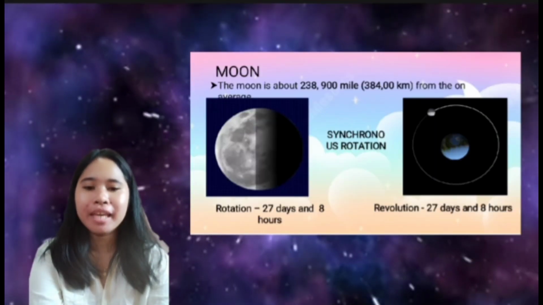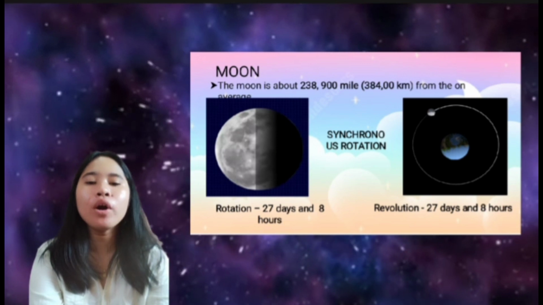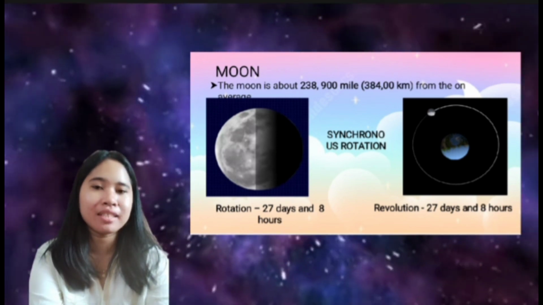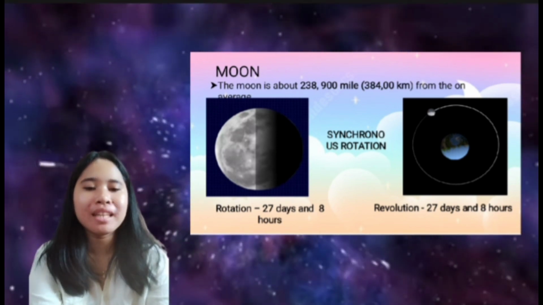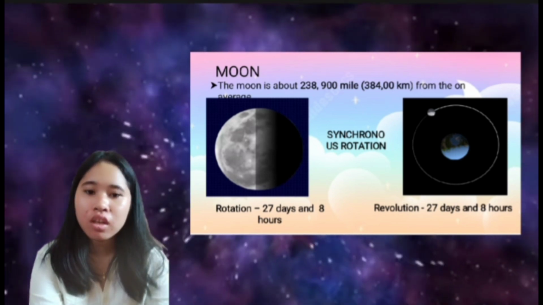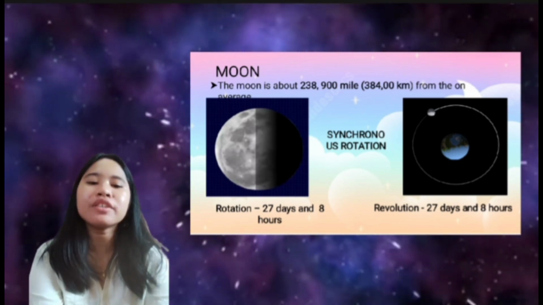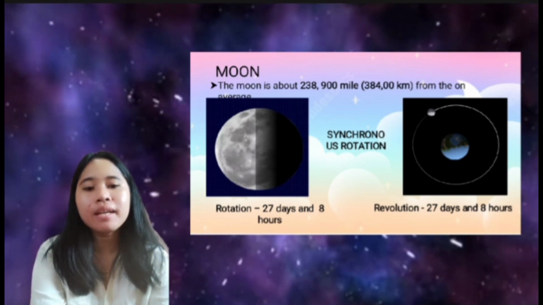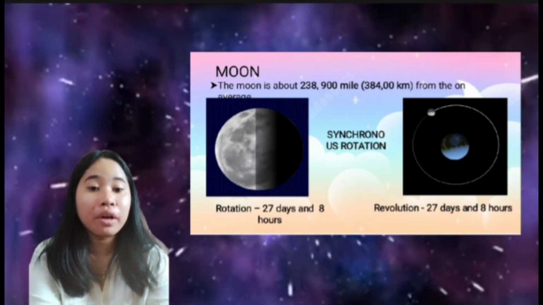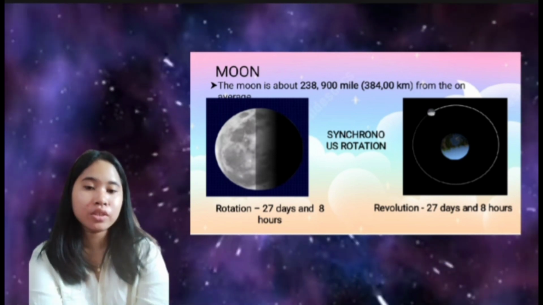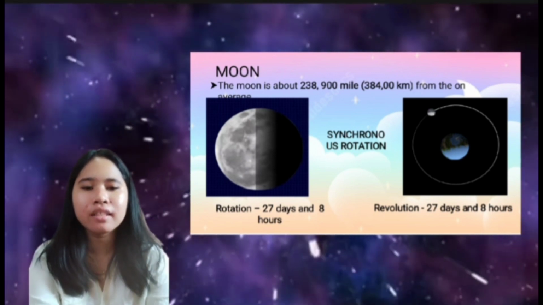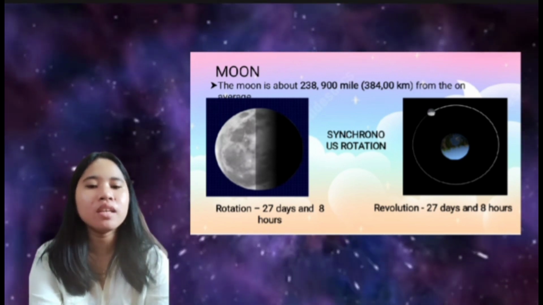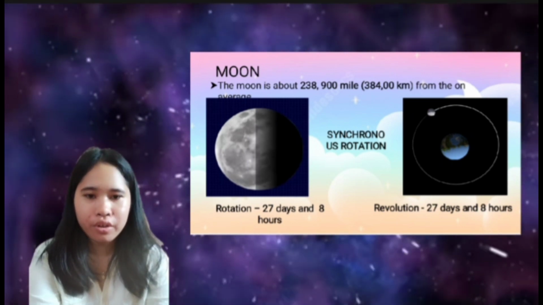The moon keeps the same face pointing towards the Earth because its rate of spin is tidally locked, so that it is synchronized with its rate of revolution, the time needed to complete one orbit. In other words, the moon rotates exactly once every time it circles the Earth.